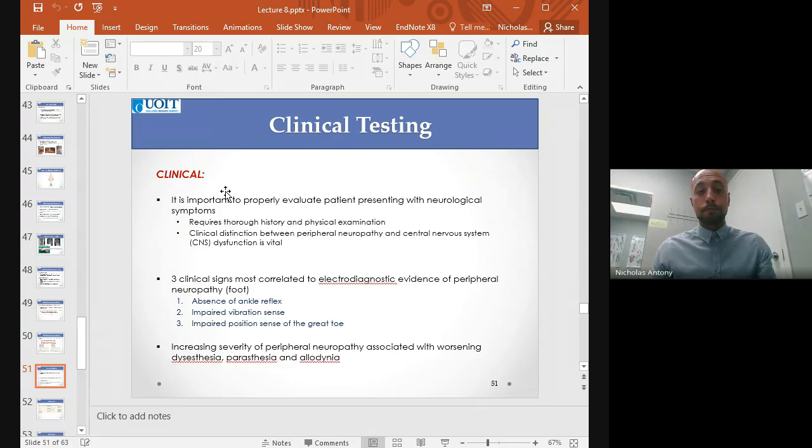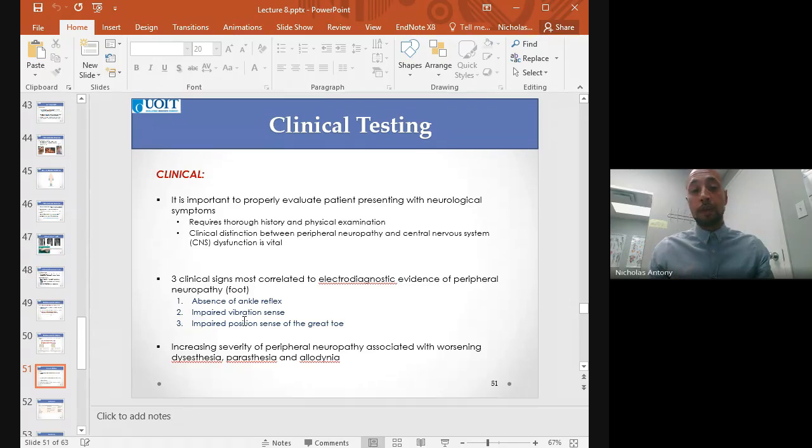Everyone okay? So clinically, to assess whether or not someone has a peripheral nerve injury, the most common peripheral nerve cases that people come into the clinic with are typically related to diabetes. So you want to look at the neural integrity of the foot. When people come in with issues with walking, we look at the reflexes and their proprioception.